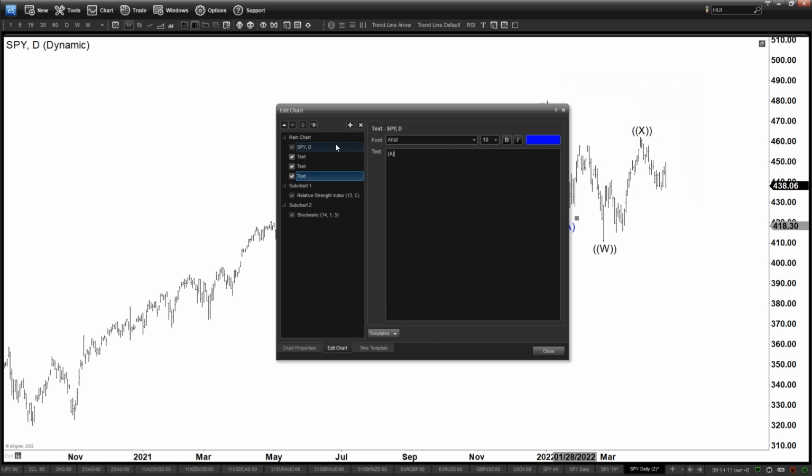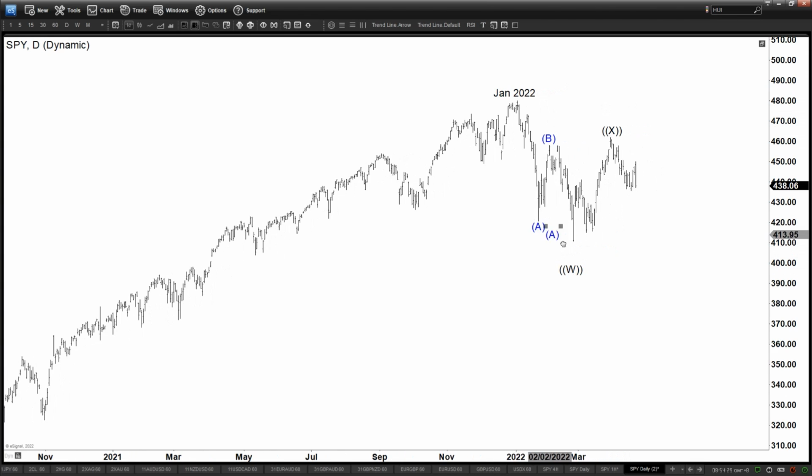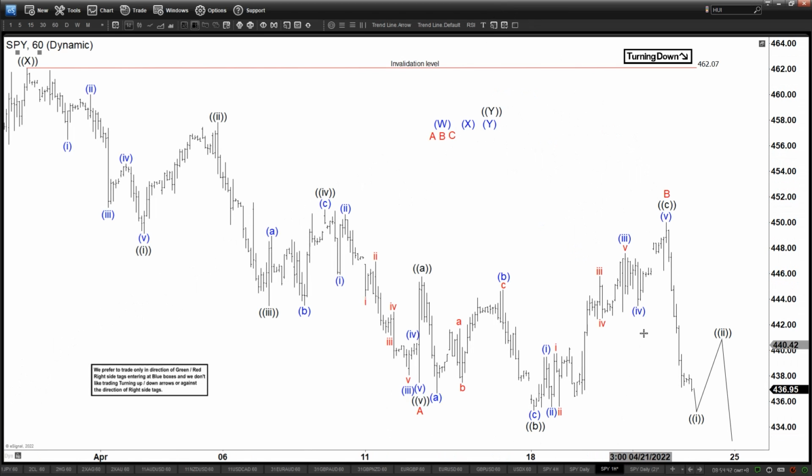We're talking about the decline that started from January 2022, which is the starting point of the cycle. And we got ABCW, and this is called a double correction. So now we are looking for the Y leg on the downside in the form of a WXY.